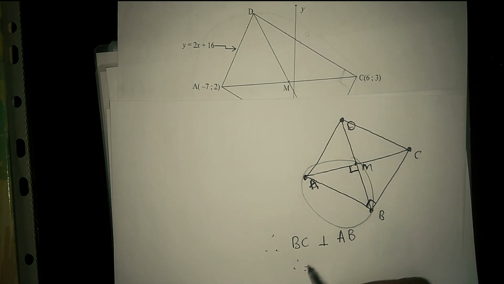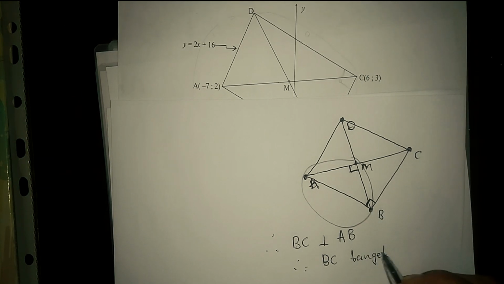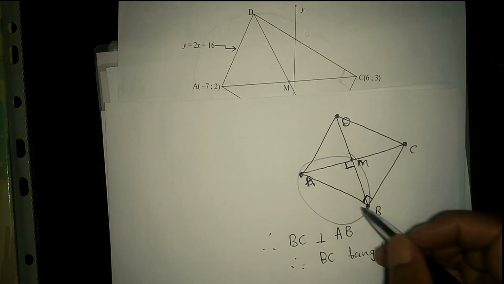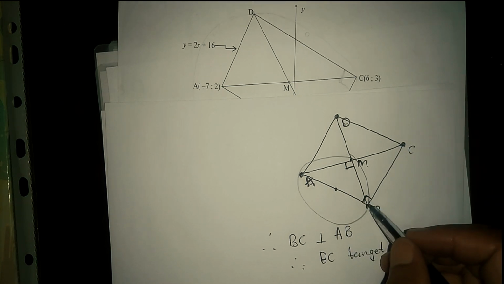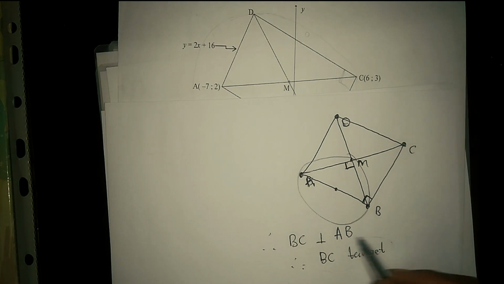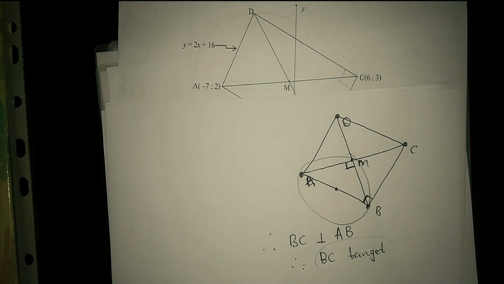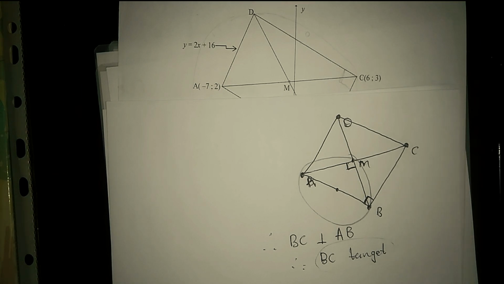So therefore BC will be a tangent. Why? Because it is perpendicular to the diameter, and a line that's perpendicular to the diameter or the radius and touches only one point of the circle is a tangent. So therefore, by showing this, we prove that we have a tangent, which is BC.